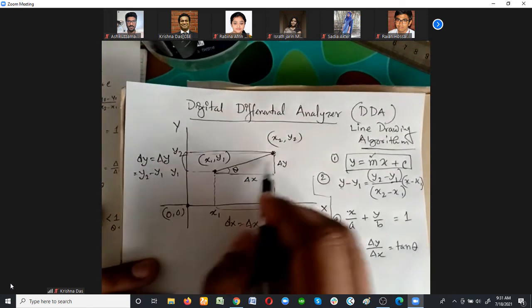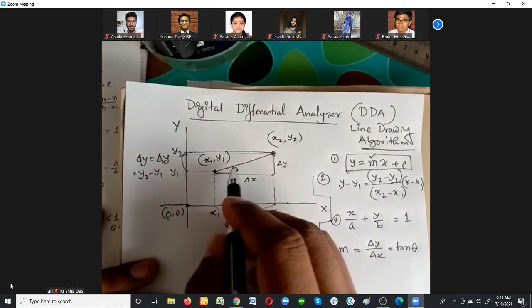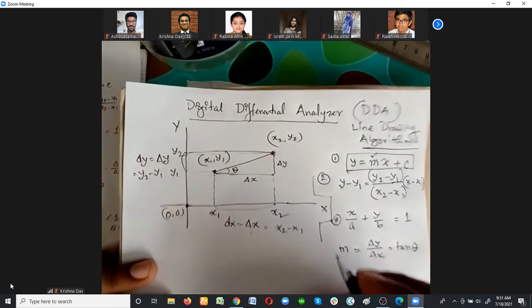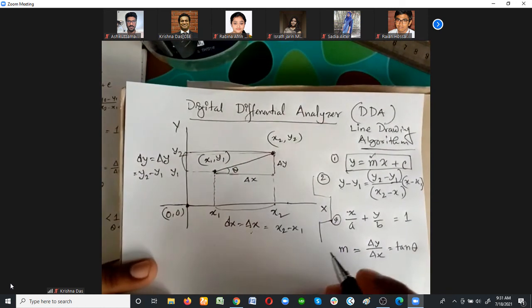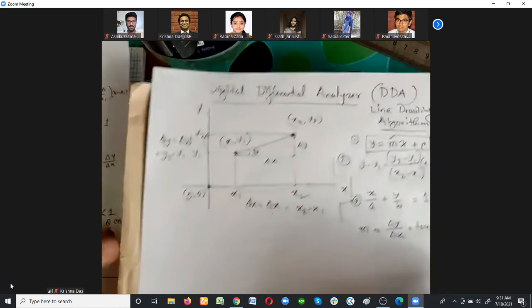Up to a certain point the slope becomes 1, and then we can find a different scenario for it.